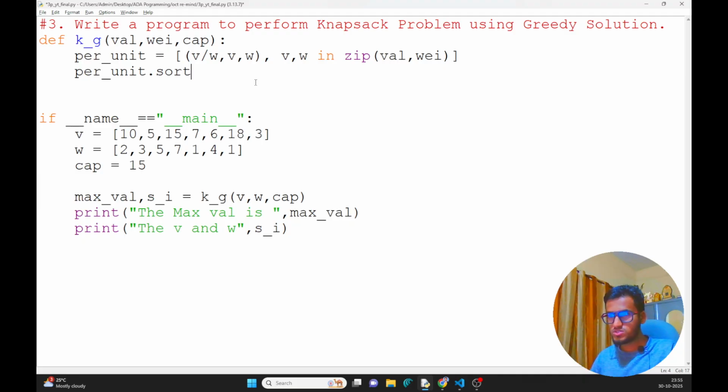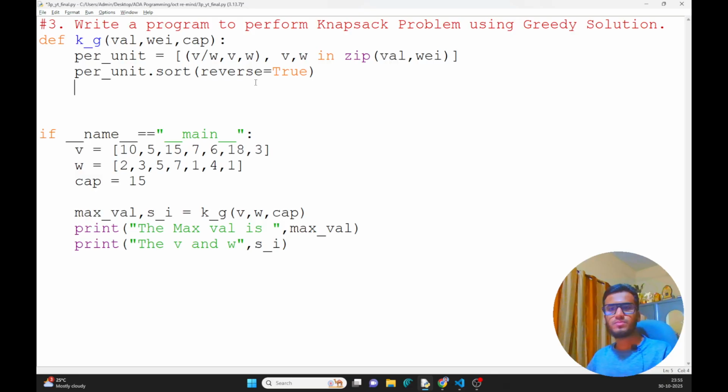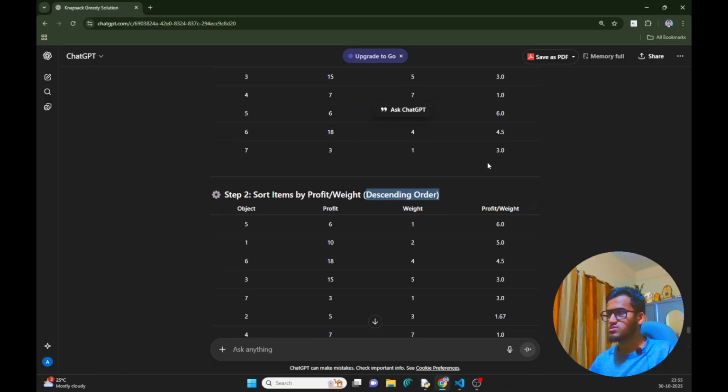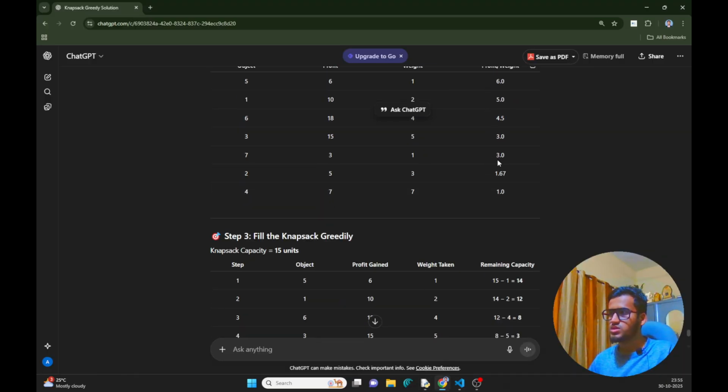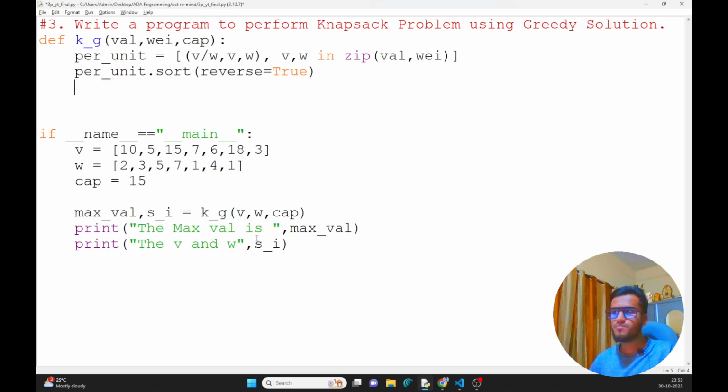By using the sort function, we will do this, reverse is equal to true. Got it? When it is true, it will become like this, 6, 5, 4, 3, 3, 1.67 like that.